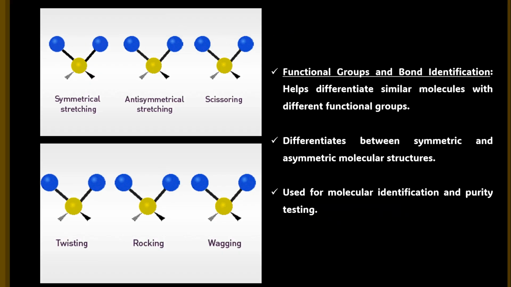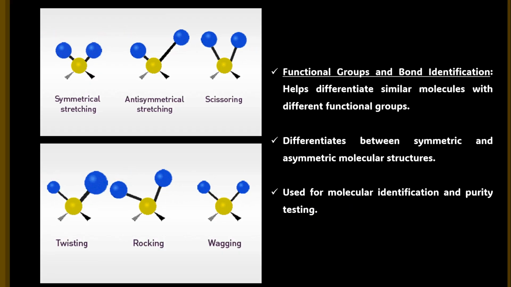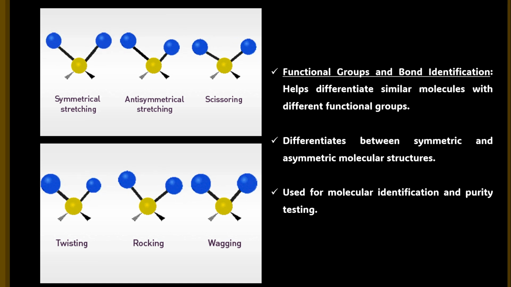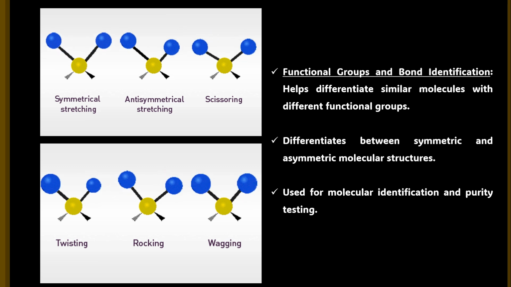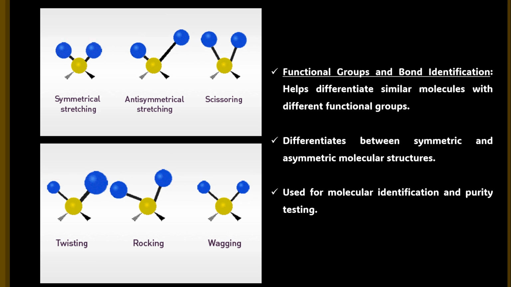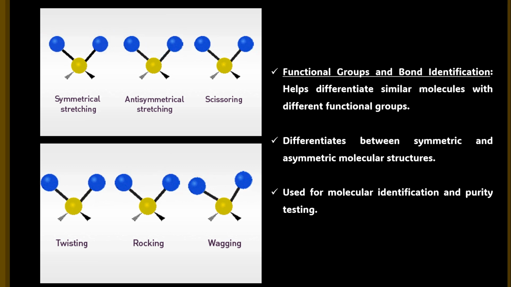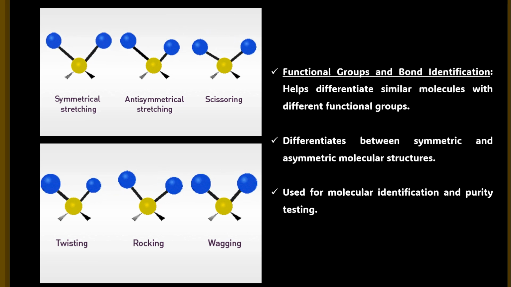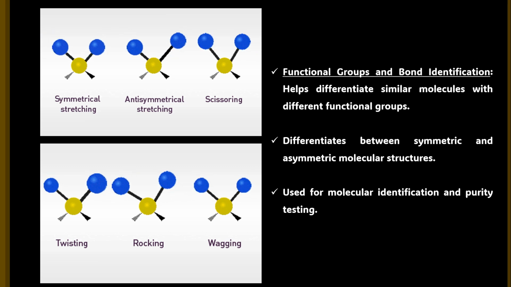So what are the different types of vibrational motion that could happen, like the symmetric stretching, antisymmetric stretching, scissoring, twisting, rocking, or wagging? These are the different types of vibration of the bonds that could happen in a molecule, which is signatured in case of the infrared spectroscopy, and thus it gives us information about the functional groups present, and differentiates between the symmetric and antisymmetric molecular structures.